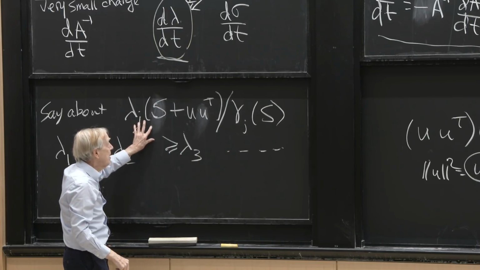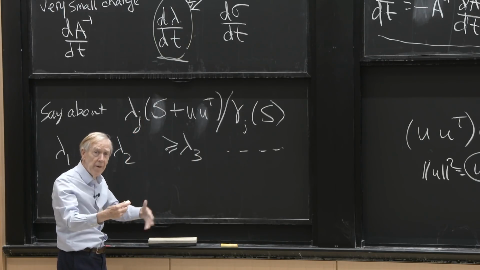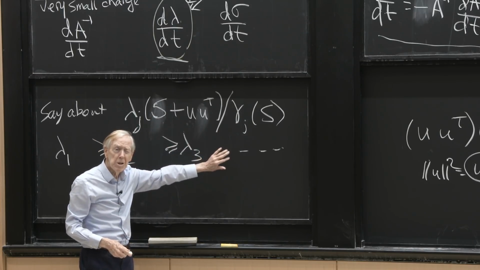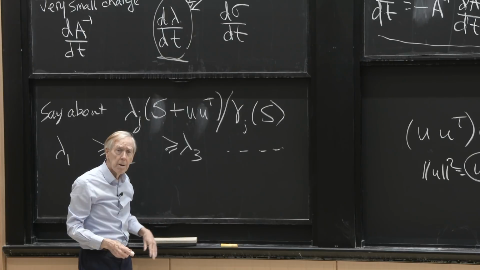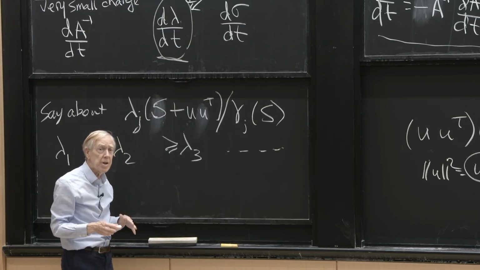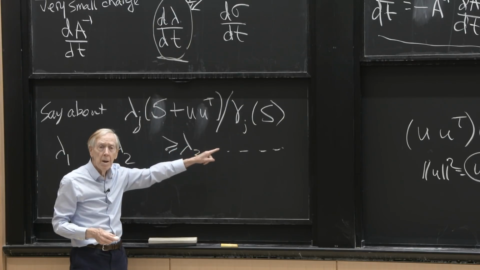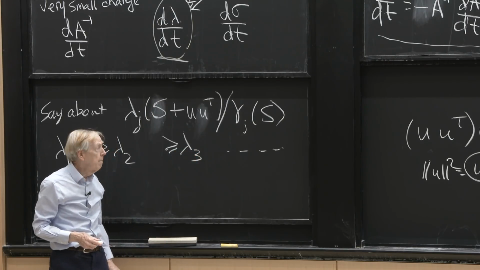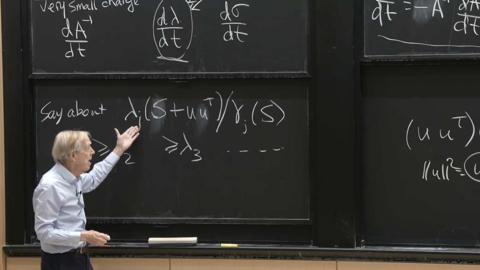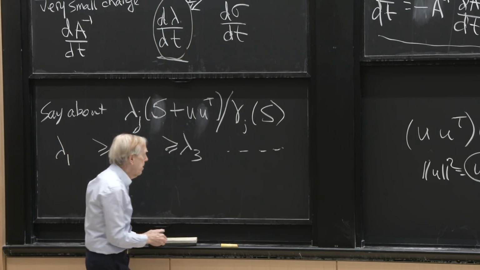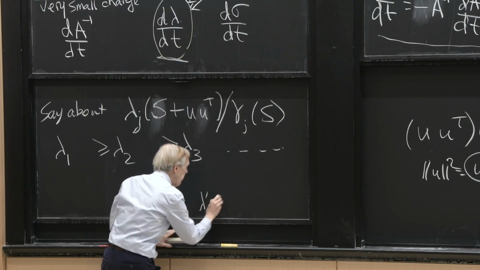Okay, so those are the eigenvalues of the original. These are the eigenvalues of the modified, and we're expecting the lambdas to be bigger than the gammas. So it's just a qualitative statement, and it's true. Each lambda, by adding this stuff, is bigger than the gamma. Lambdas are bigger than gammas.